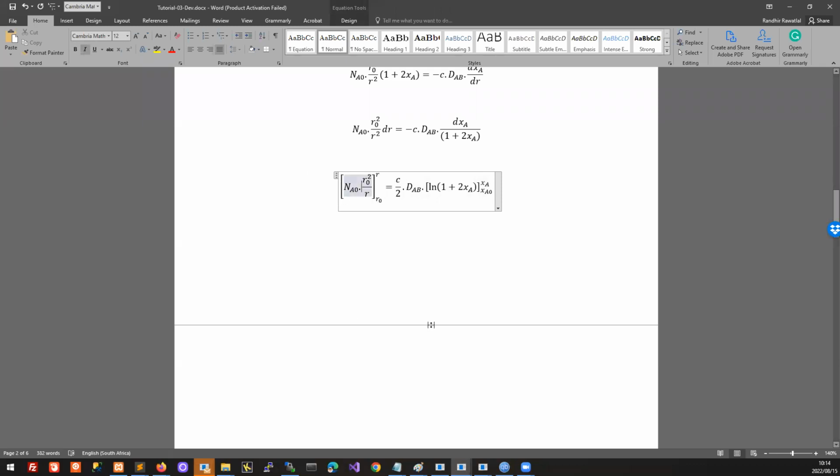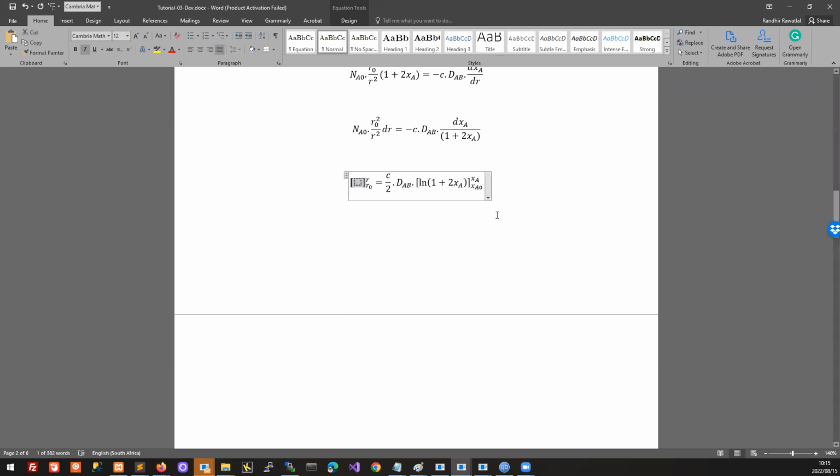So over here, you can see at the upper limit at R, then this is R naught squared over R. And then at the lower limit, this is R naught. So this is going to be minus, so it's R naught squared over R naught. So this is going to be R naught. So that's the first part, that's the left-hand side.